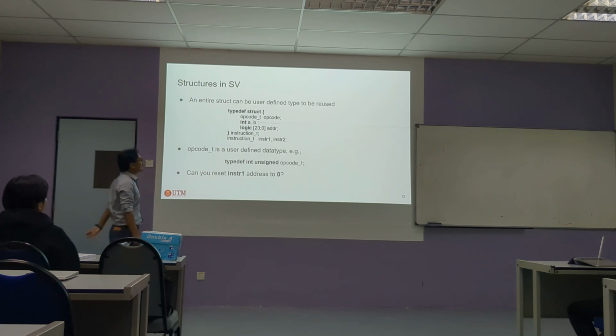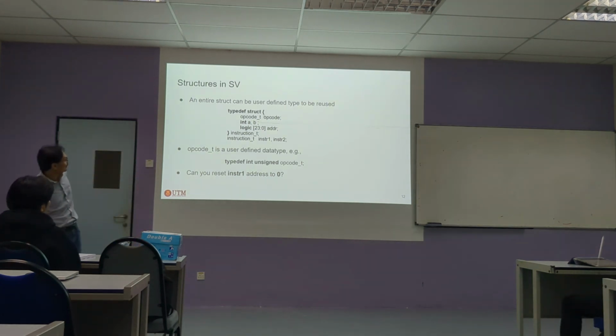Inside the typedef struct we have the output underscore D output, we have int AB and logic 34-bit address, instruction T. So output underscore T is a user-defined data type. For example, typedef int unsigned.